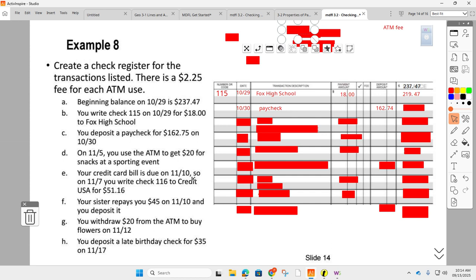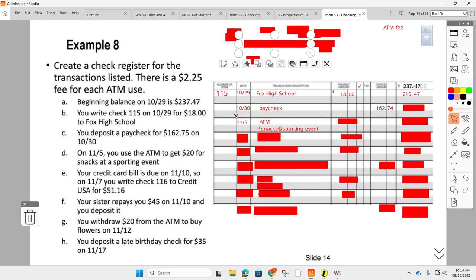They told us at the top, if we use an ATM, we have to remember the $2.25 ATM fee. So if I withdraw on 11/5 $20 from the ATM, I put that in there. It's always a good idea to put what you spend your money from the ATM on, so you can remember, oh yeah, no one stole $20 from my account. I forgot. I got a snack when I went to the sporting event.